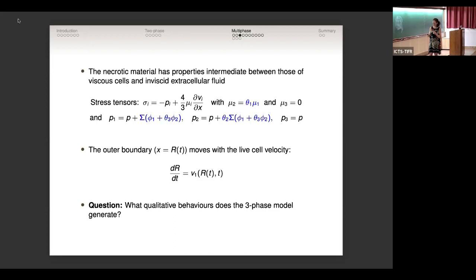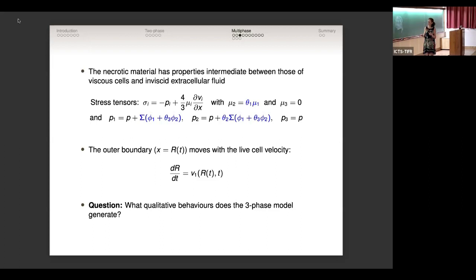Notice here that in the sigma term, I'm saying that the dead cells can have some influence. They occupy volume. And so rather than just having phi1 in here, there's a weighting on the dead cells with a parameter theta 3. So theta 1, 2, and 3 represent the extent to which the dead cells are somewhere between fluid and live cells, because they're degrading from being live cells to dead cells.